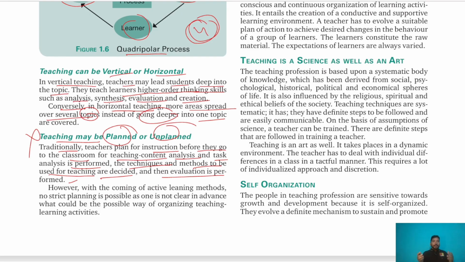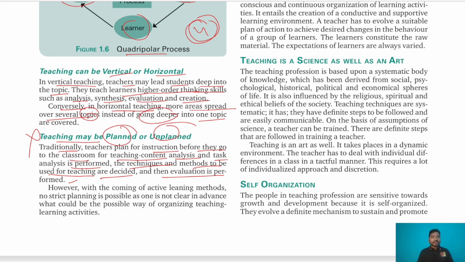So in the traditional method of teaching, the teacher plans what has to be taught, how to teach, which technique should be implemented, how to perform the teaching, and what method should be used. This happens traditionally, so it is called planned teaching.